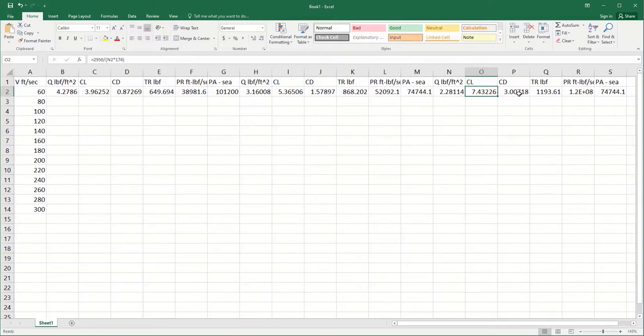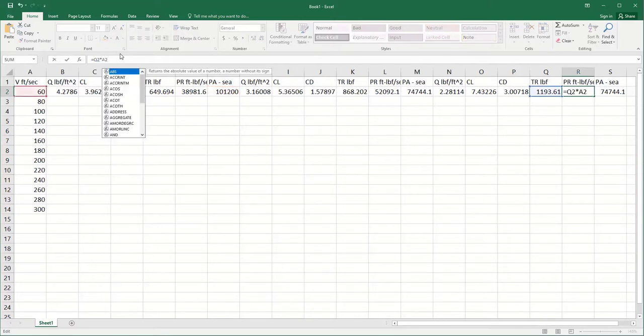CL formula is good. CD, the formula is good. It's referring back to CL for the CL squared in the numerator. Thrust required is okay. This, I've got to refer back to the velocity column instead of the previous column.